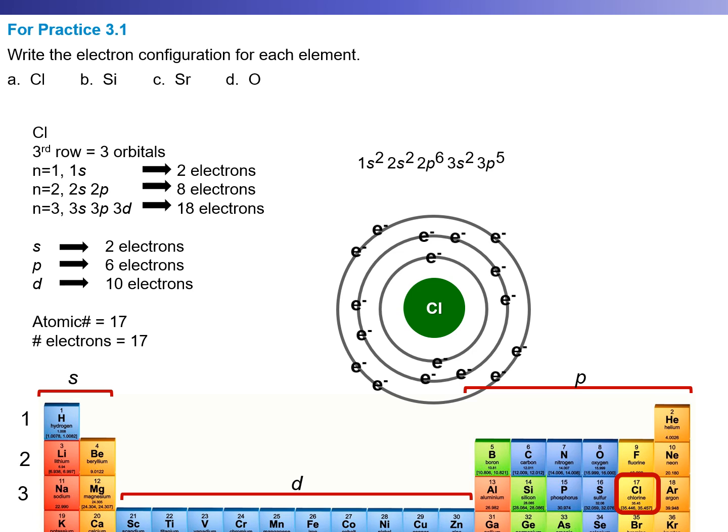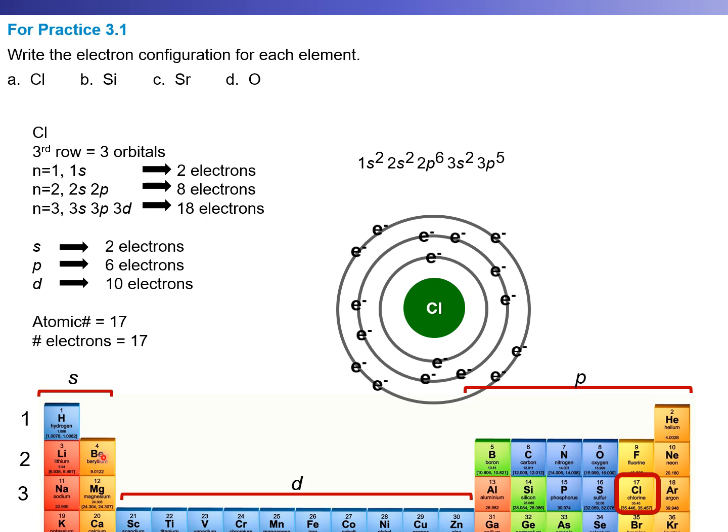So if we were to look at the chart now, knowing what we know, for chlorine the first 2 rows are going to be filled. The third row subshell s is going to be filled, and then we're going to have to count out how many electrons to put in the p. So we could have just as easily said, okay, first row is full, that's going to be my 1s2.